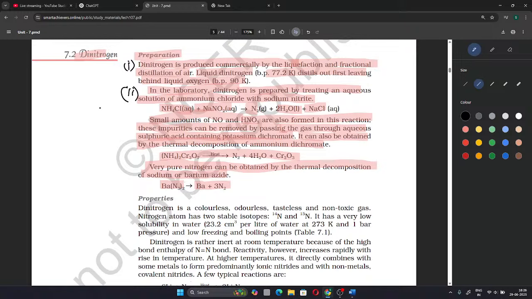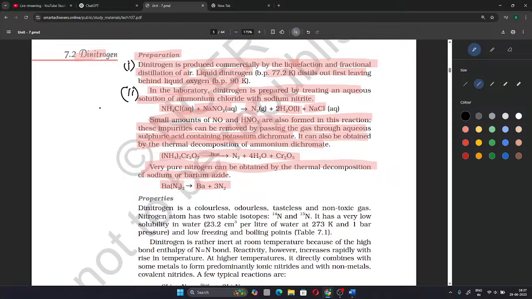In the laboratory, on a small scale, dinitrogen is prepared by treating an aqueous solution of ammonium chloride with sodium nitrite. Small amounts of NO and HNO3 are formed in this reaction.